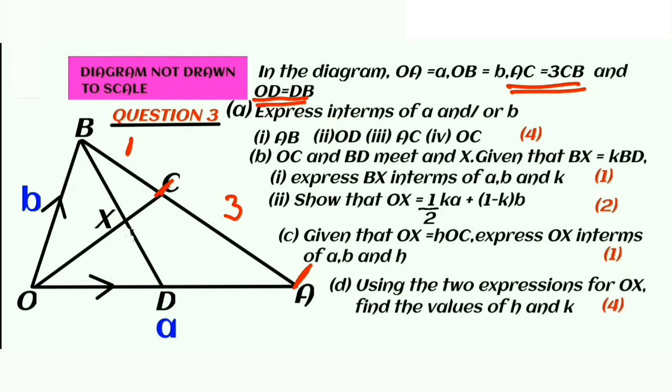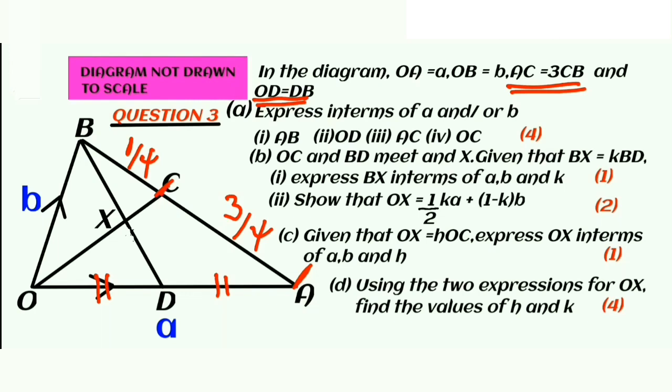So the ratios here, if we add 3 plus 1 equals 4, so this is 3/4 and this is 1/4. Then OD equals DB, it means O and D are equal. So it also means D is the midpoint of OA. So these are the ratios.